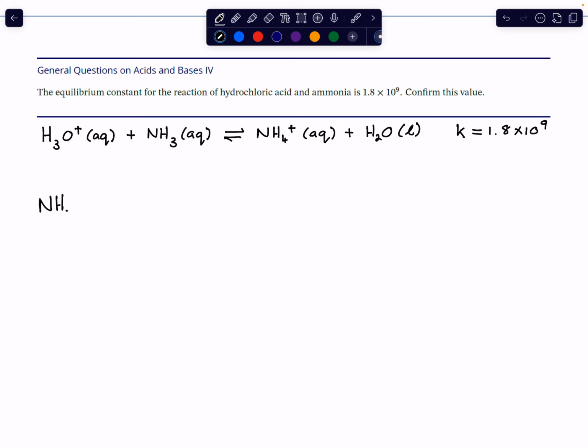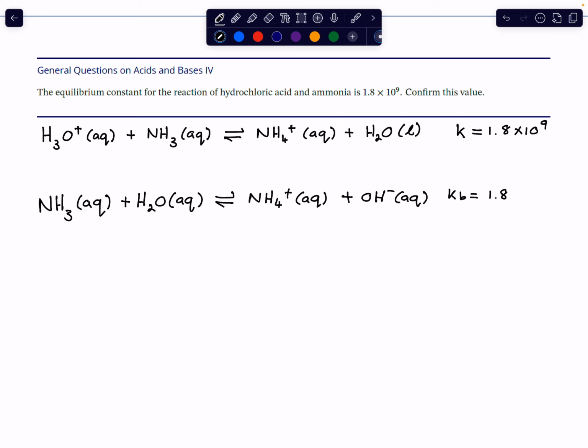So if we think about ammonia and its Kb value, when ammonia reacts with water to form ammonium, NH4 plus aqueous, plus hydroxide, it has a Kb of 1.8 times 10 to the minus 5. All right. And we can also make use of the Kw of water.